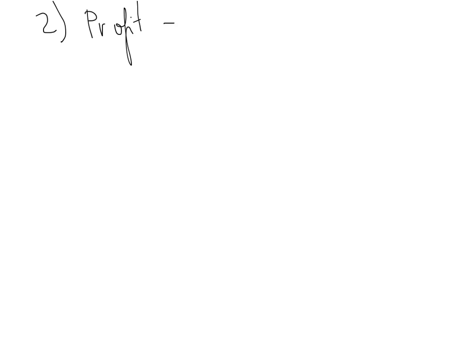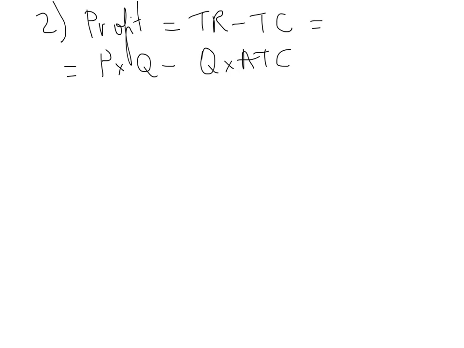We know that profit is defined as total revenue minus total cost. Total revenue is price times quantity. My price came out to be $3.5 times optimum quantity, 2.5.